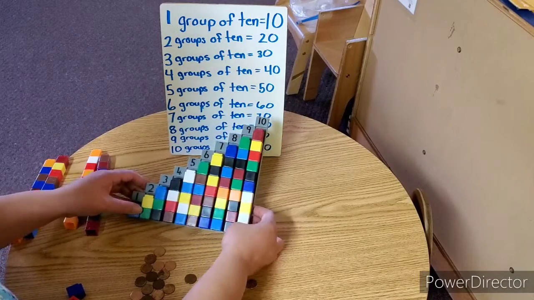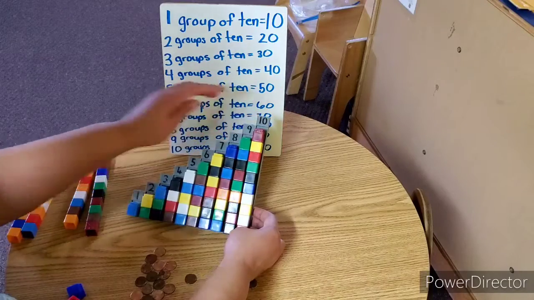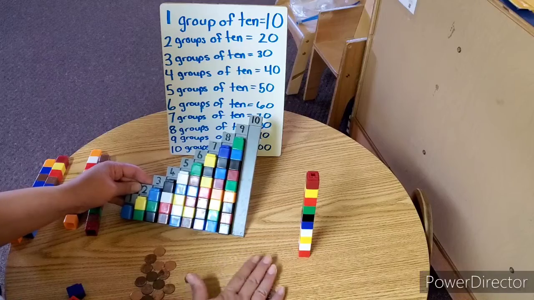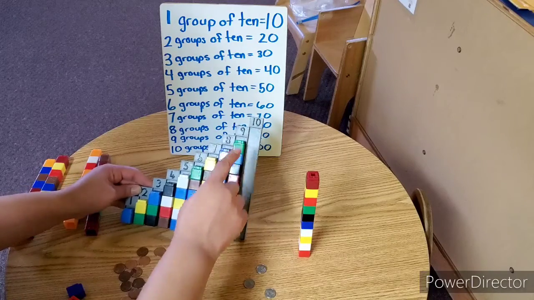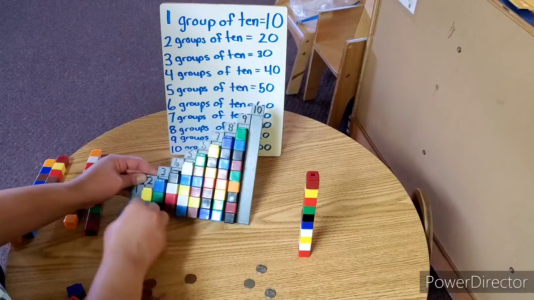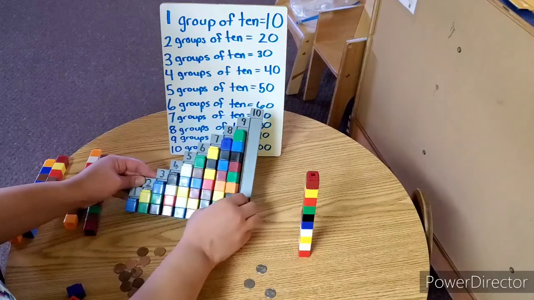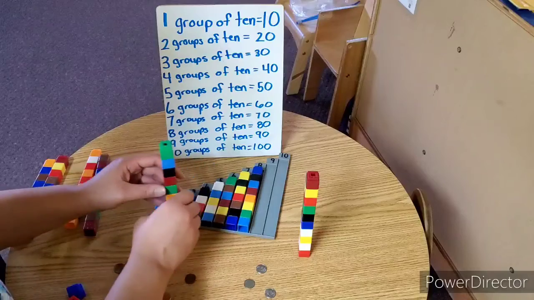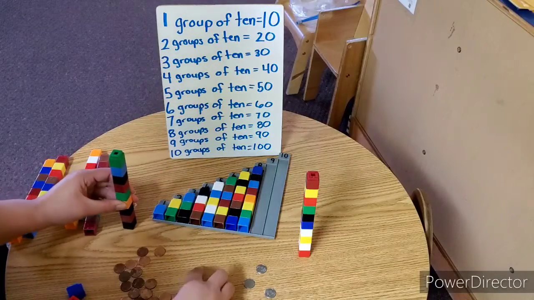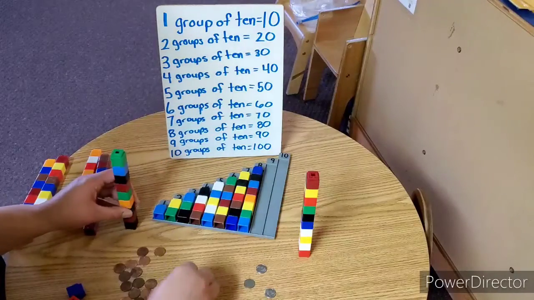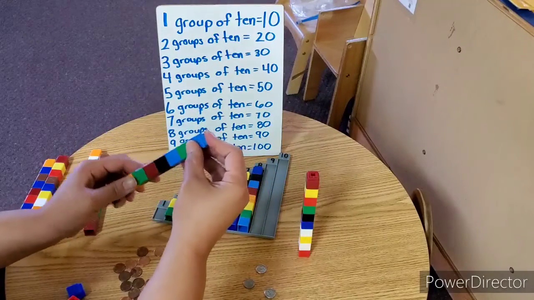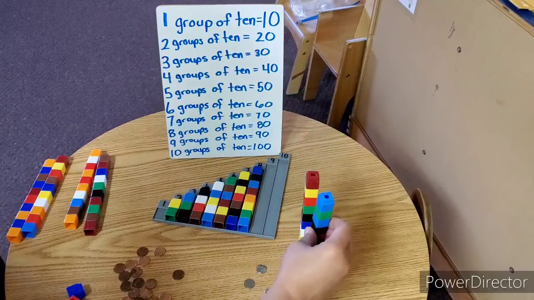So I have all the way 1 through 10. Now let's see how we can make groups of 10 using ones. This is 9. 9 plus 1 more will give us a group of 10. So 9 plus 1 gives us another group of 10.